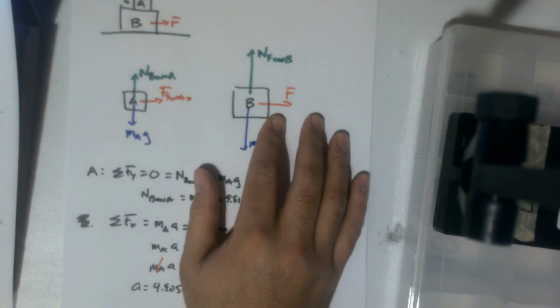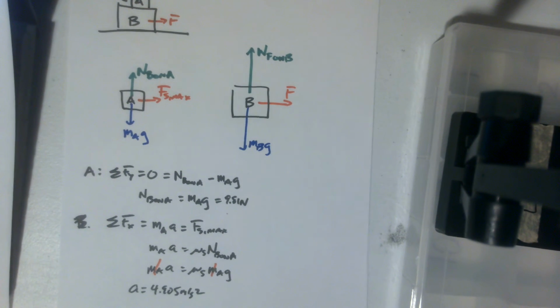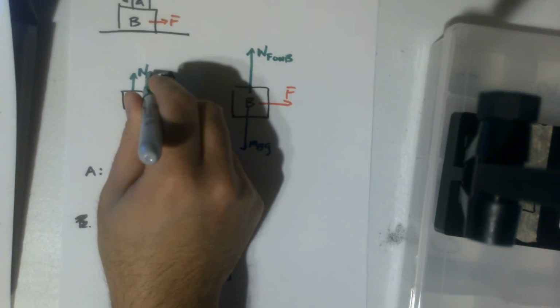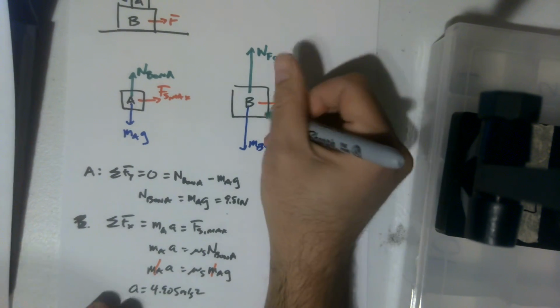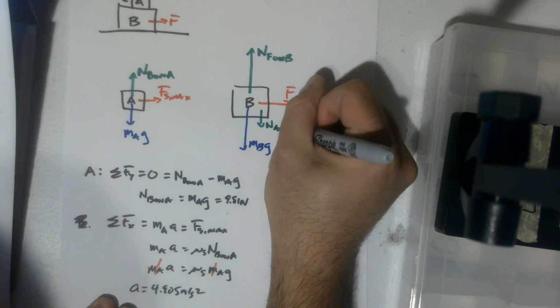Now we're actually not done with this force diagram. You have to be really careful. We have the third law, where there may be action-reaction pairs occurring here. In fact, B pushes A up. So you're going to expect that A, being on top of B, is going to push B down as well. So there's a normal force, A on B, present as well.